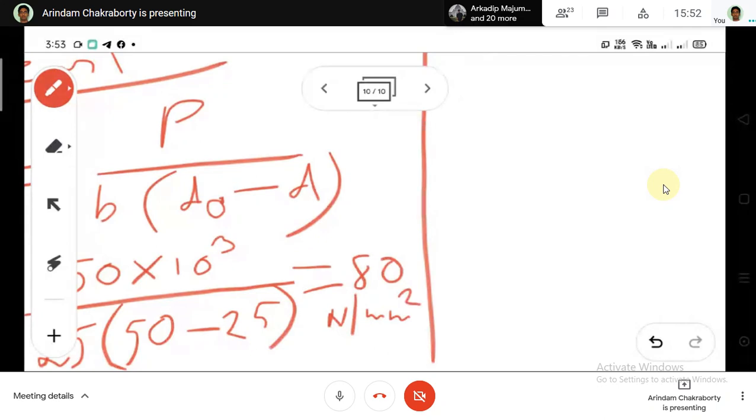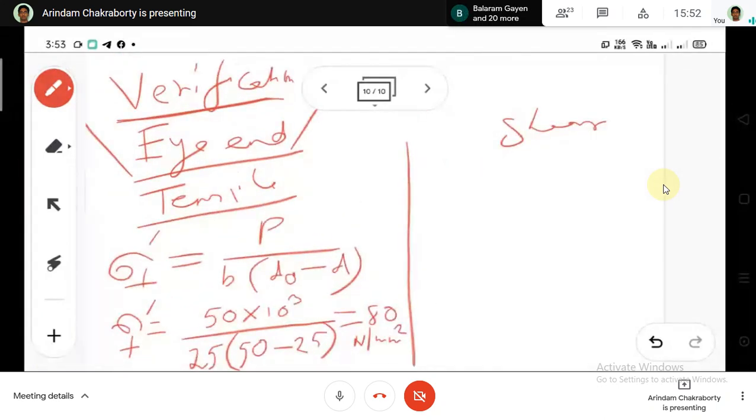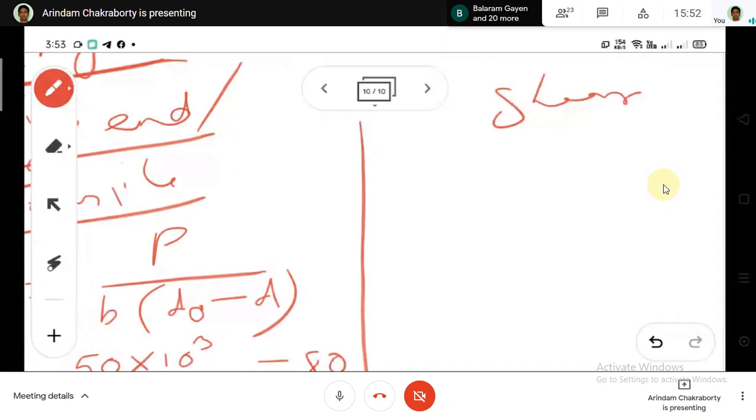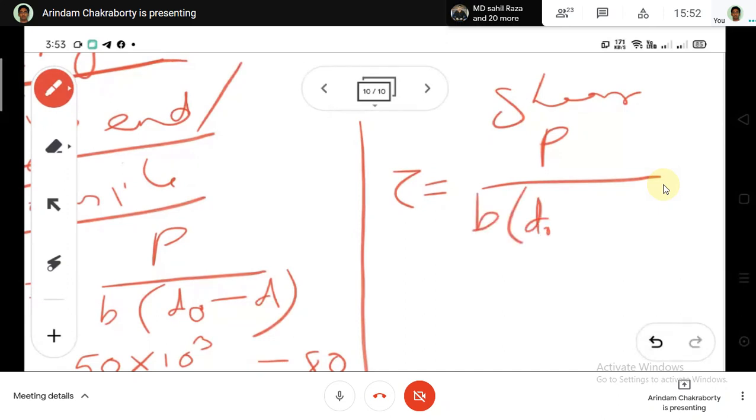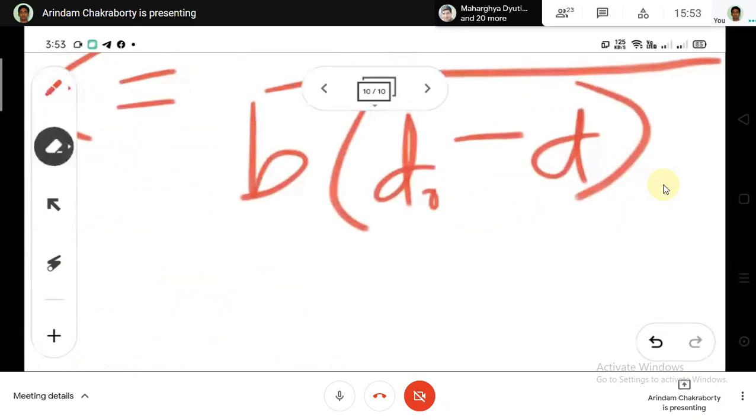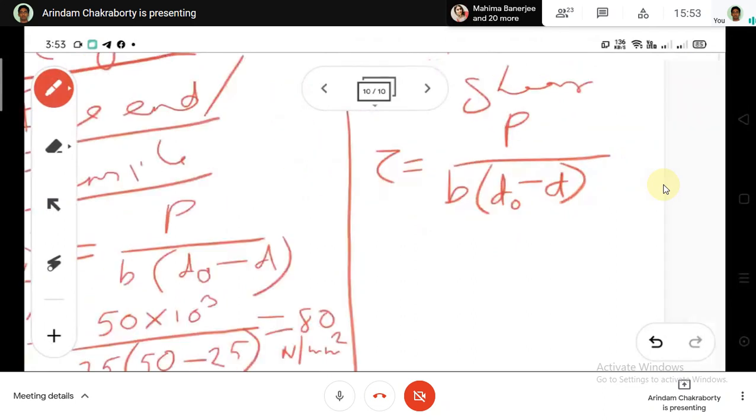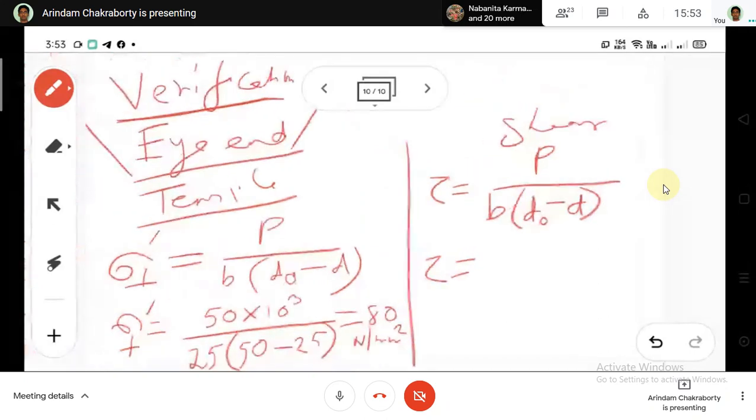Similarly, for shear, the formula remains the same, because mathematically we can find that P is equal to B into (d naught minus d).